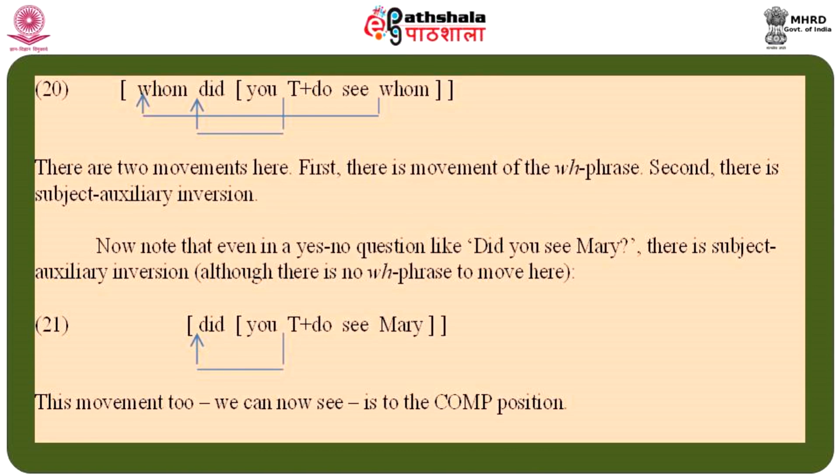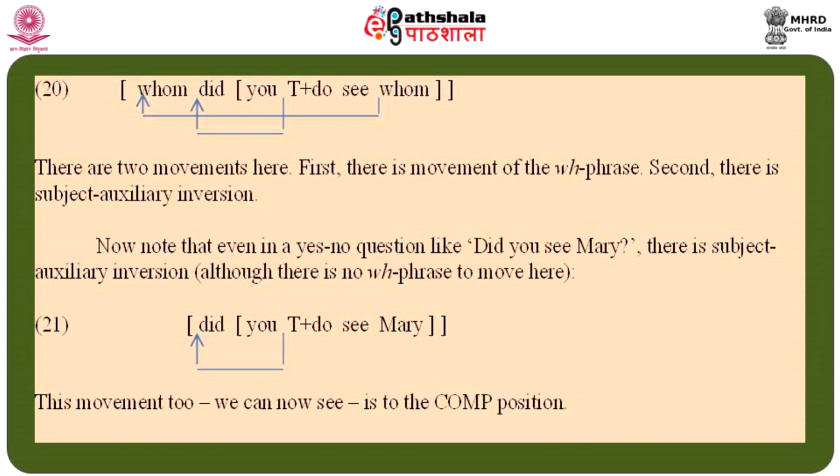WH movement moves the WH phrase to a position which is to the left of the complementizer in COMP, and tense, together with its auxiliary, moves into the position of the complementizer. This can be diagrammed as in sentence 20, see on the screen.